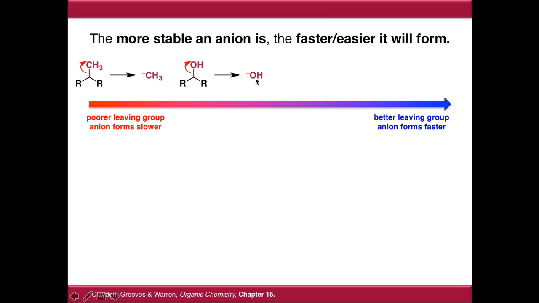If we move to hydroxide, hydroxide is a lot more stable than methyl-. If we move again up to chloride, chloride is a better leaving group than OH, because Cl- is a more stable anion than OH-. And if we move up to tosylate, tosylate is a very good leaving group. That's because the anion is so stable.